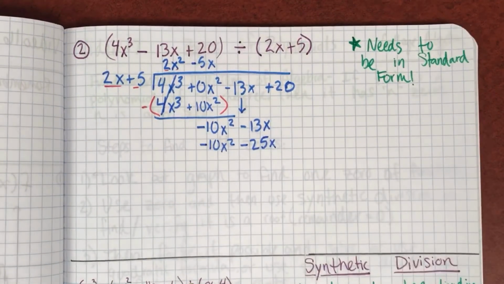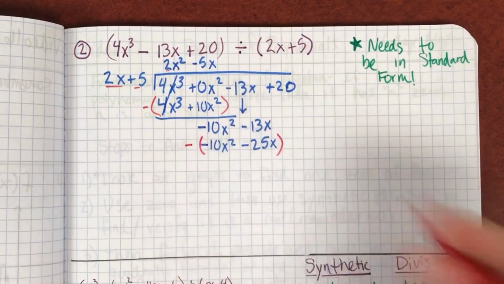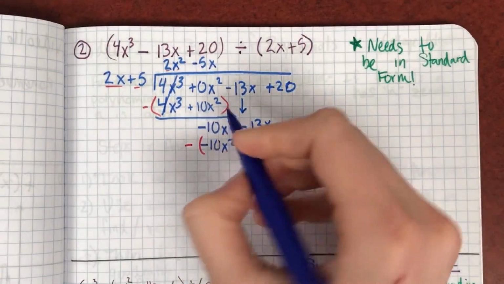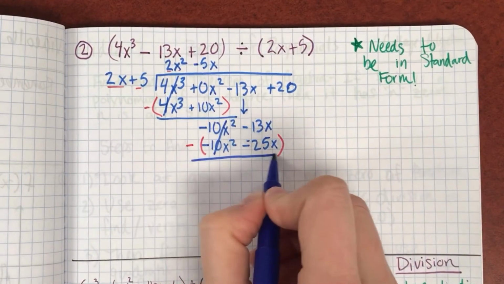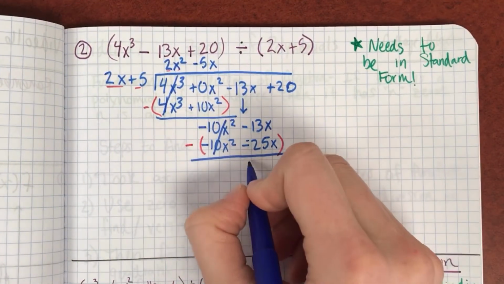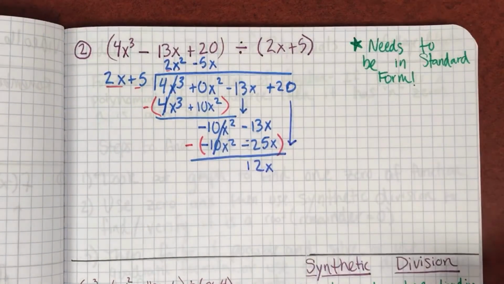Okay, and then we just subtract again. Now, when we subtract negatives, those change to positives and they will cancel out. So I've got 12x, and then we drop down our 20.